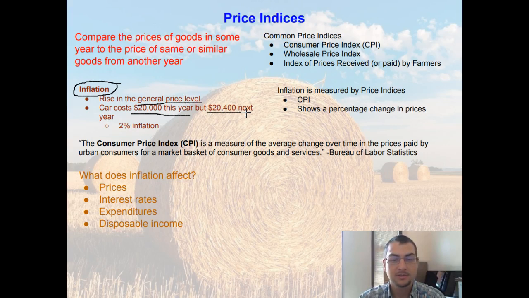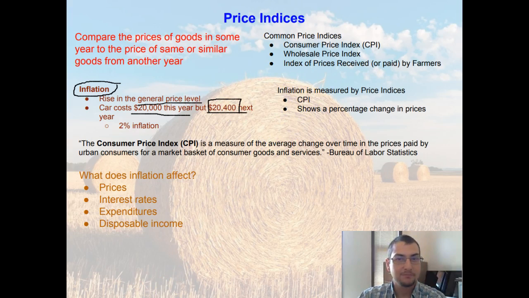Well, what happened to cause the price of that car to increase? Did the car change? No. Did anything else really change? No, not really. But if we look at basically everything in the economy, all the prices are increasing on a basket of goods. So that dealership must raise their price to compensate for the added cost of all of the other goods that are going into it.